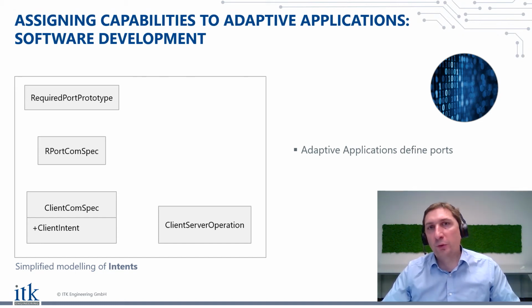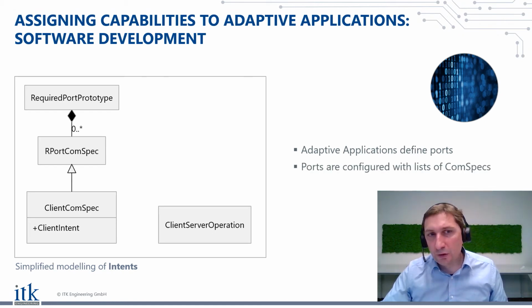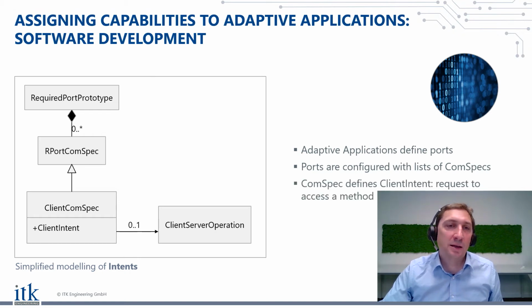So, for example, if you want to use ARA::COM, you use a port prototype, and via this port prototype, you can access the platform. So at this point, we added the client com spec and the member client intent. And this client intent, again, can link to a specific client server operation.